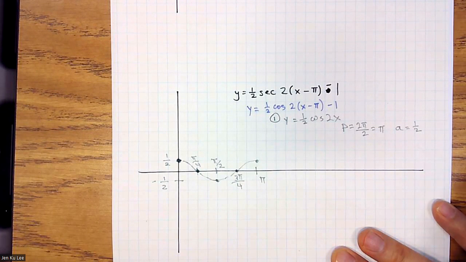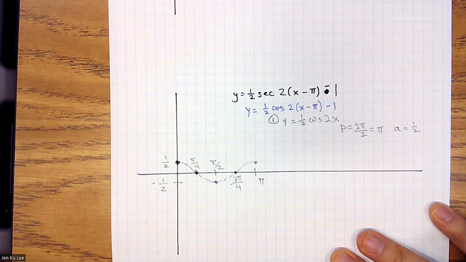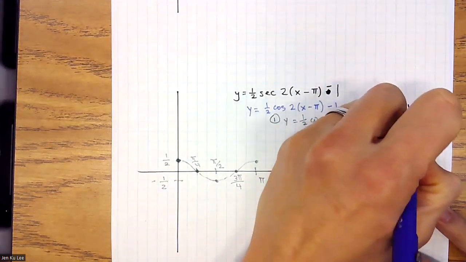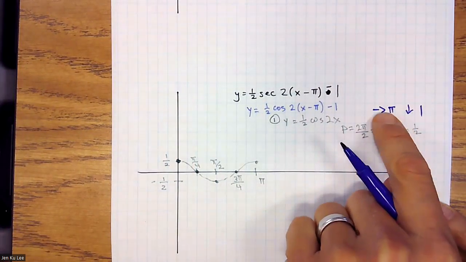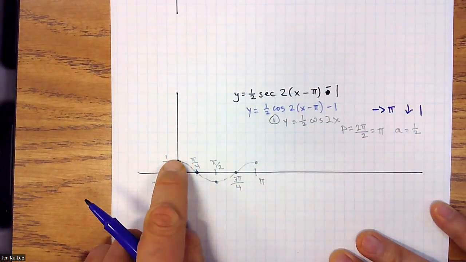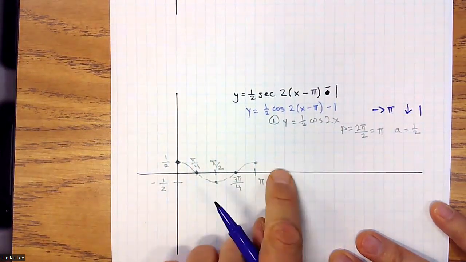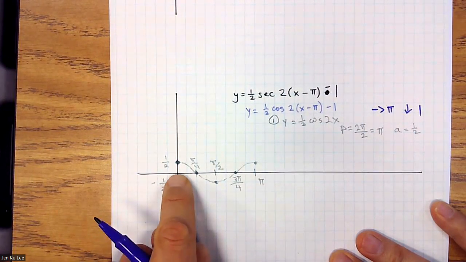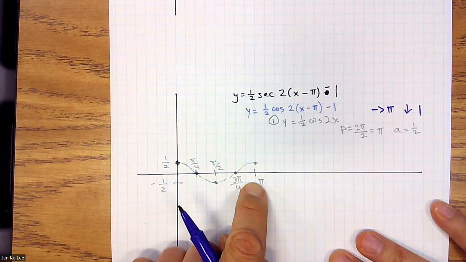So now I know that I have to move this to the right pi units, and down 1 unit. Okay? Moving it to the right pi units, that means I'm going to move this point 1, 2, 3, 4, 5, 6, 7, 8 boxes over. And 1 unit down means since 1 unit is 1/2 vertically, it's going to be 2 units, 2 boxes down.